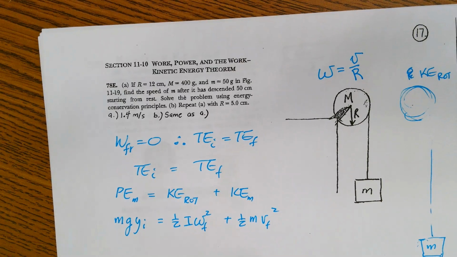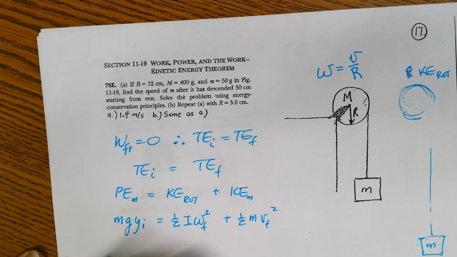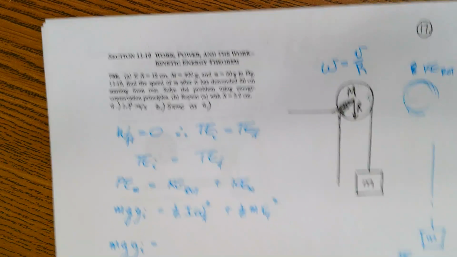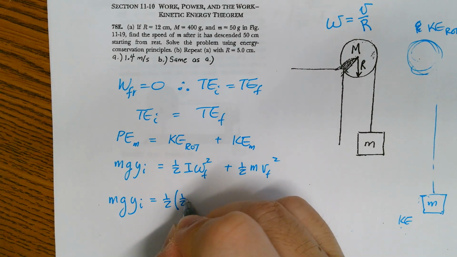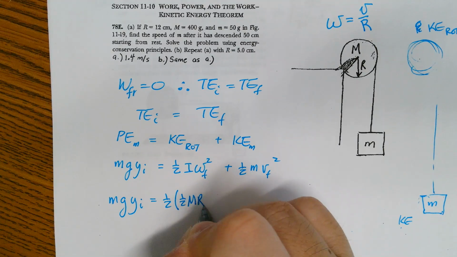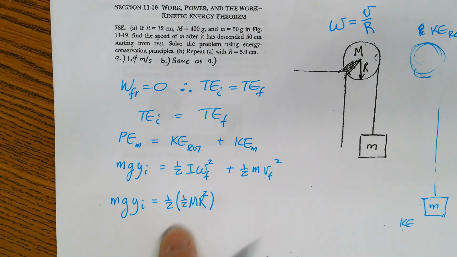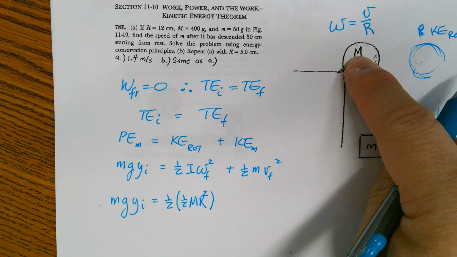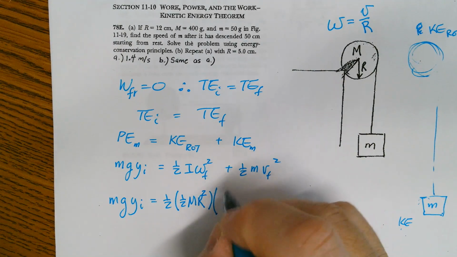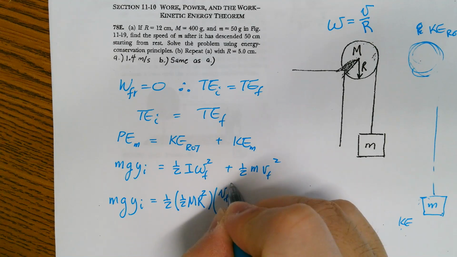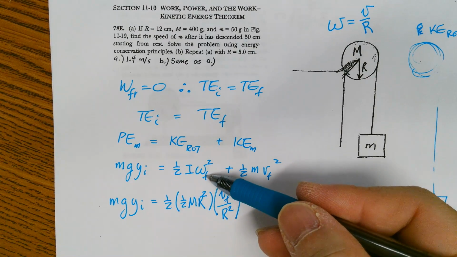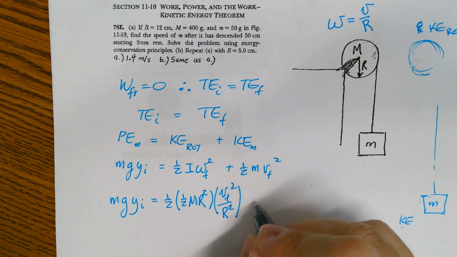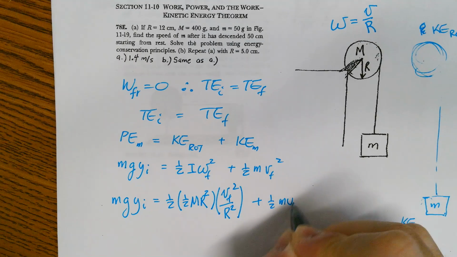Therefore, if we substitute that in here, I have mgy initial is equal to 1/2 mr squared, this m is this disk's m, times vf squared over r squared, because you have to square the omega, plus 1/2 mvf squared.